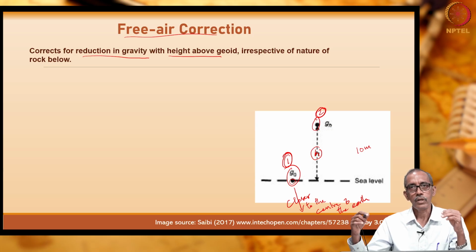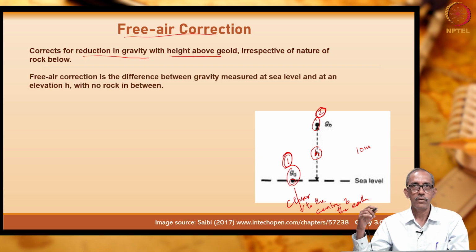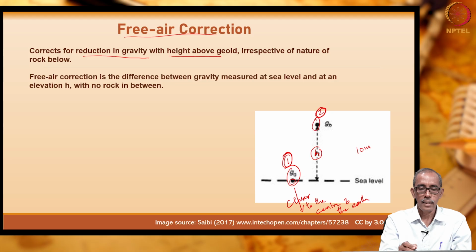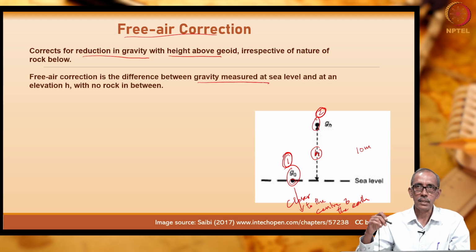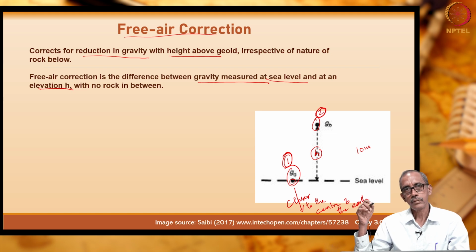This effect we are going to eliminate. This is what is known as free air correction. So, free air correction is the difference between the gravity measured at sea level and at an elevation of h, right. Here station number 1 was at sea level, station number 2 was at a different level.